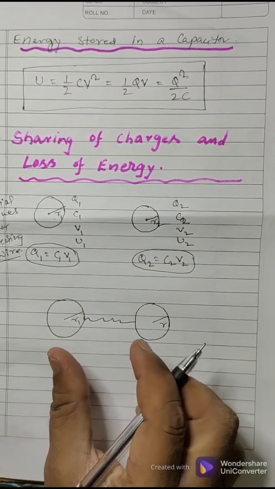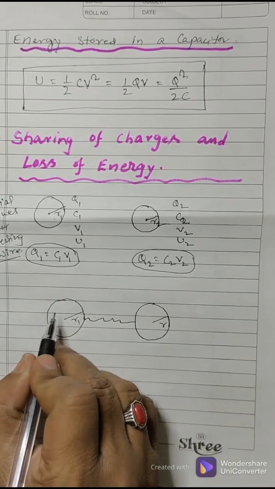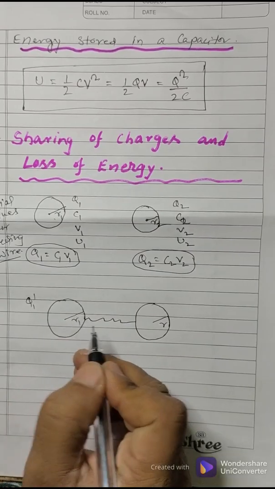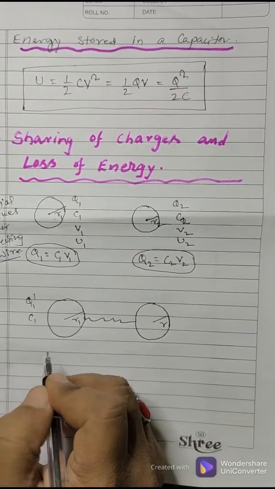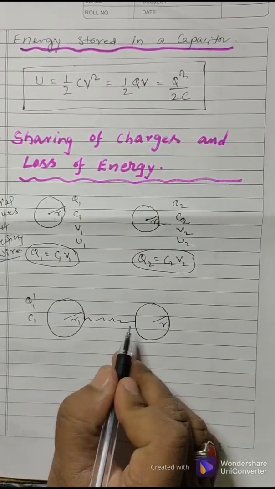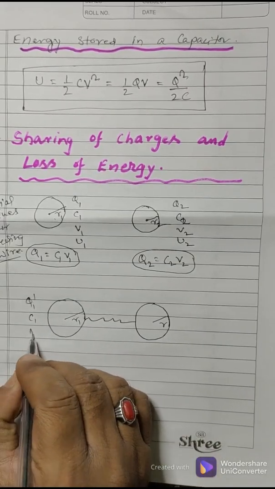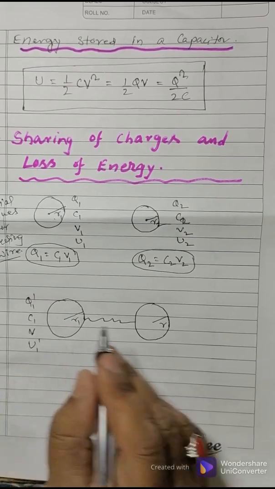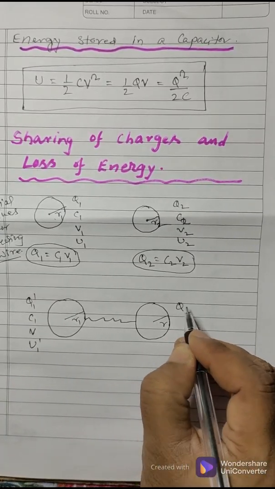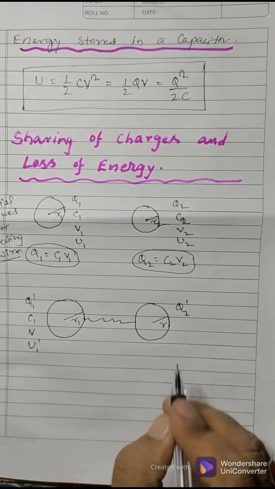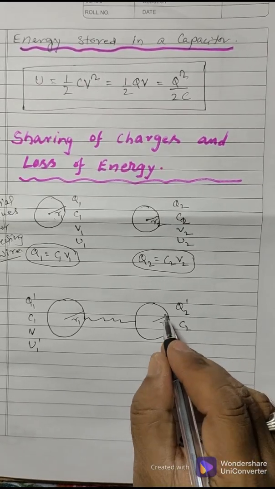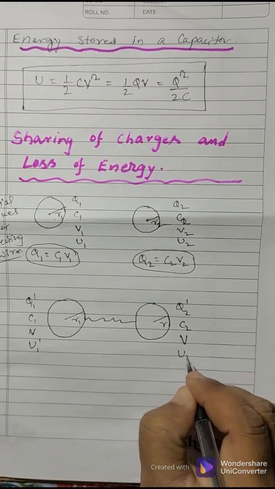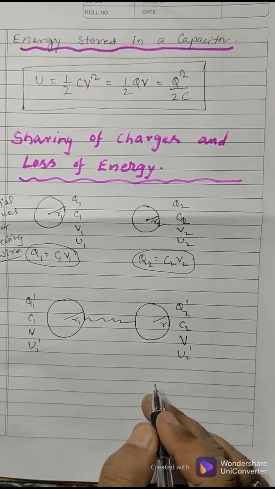So after attaining the common potential, let us say the charge on the first sphere is Q1 dash. The capacitance remains the same, C1 only, but the potential will become, as I told, a common potential V. Its energy is U1 dash. Similarly for this one, Q2 dash is the charge acquired, C2 is the capacitance, common potential V, and U2 dash is the energy acquired by it.